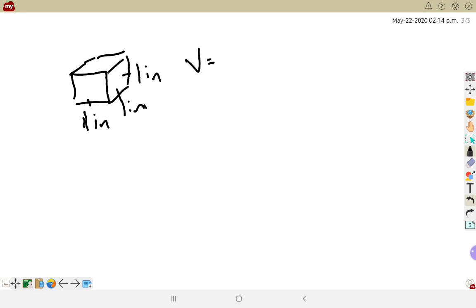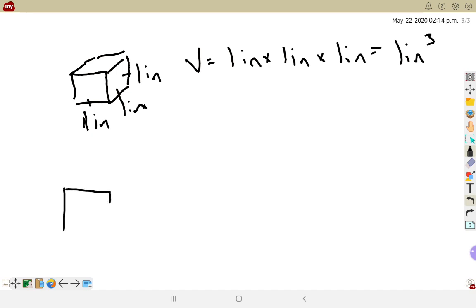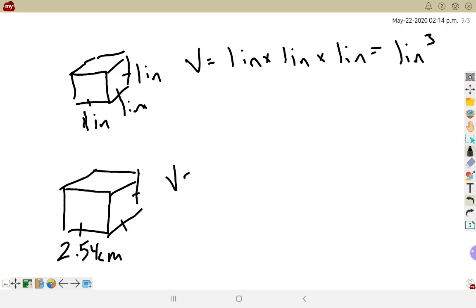So that volume is 1 inch by 1 inch by 1 inch, and that's 1 inch cubed. All right. Same size cube. Convert each one. So 1 inch is 2.54 centimeters, and I've got that on all 3 sides. So I have 2.54 centimeters times 2.54 centimeters times 2.54 centimeters.